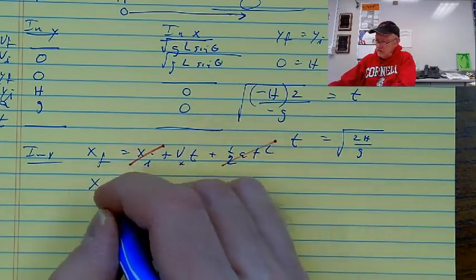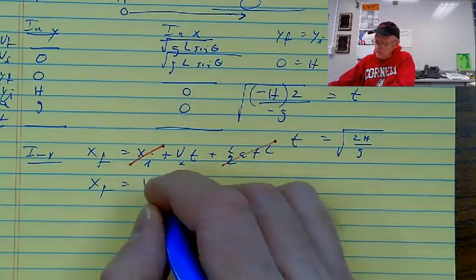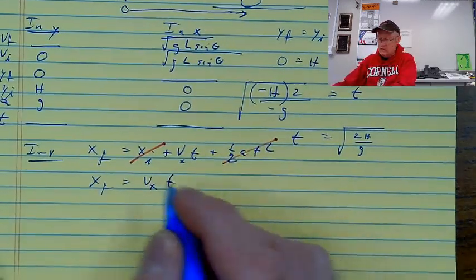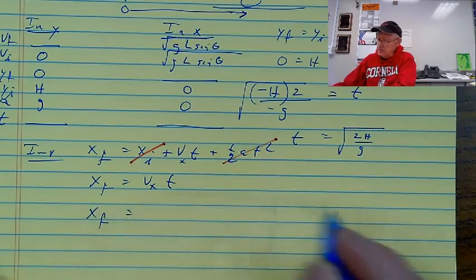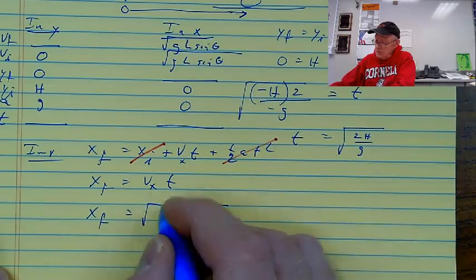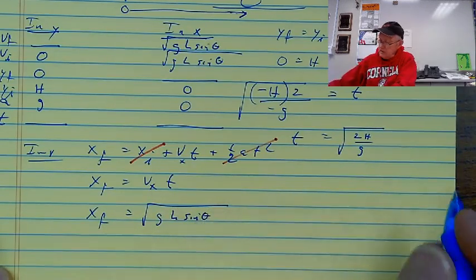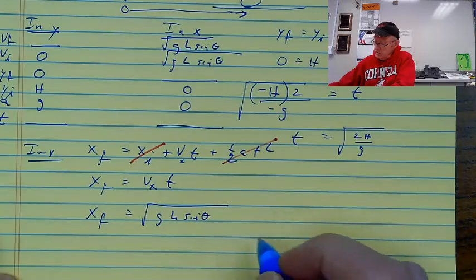Here come substitutions. X final equals, where was our velocity? Square root of gL sine theta, and we're multiplying that by the square root of 2h over g.